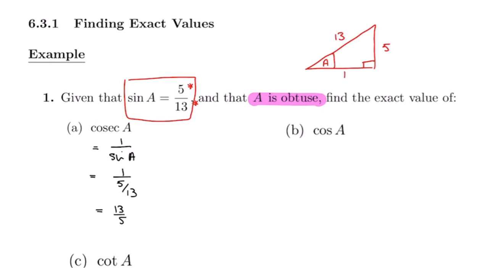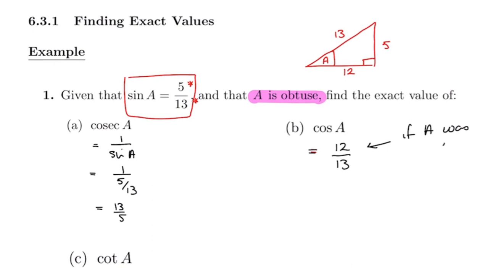And from Pythagoras, we can work out the adjacent will be 12. Therefore cos of A will equal adjacent over hypotenuse, 12/13. But that would be if A was acute.